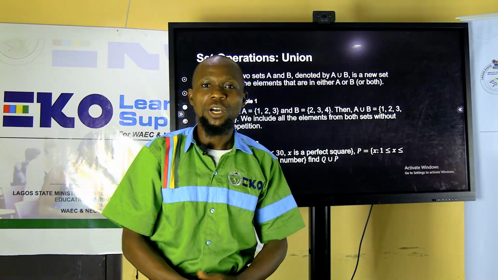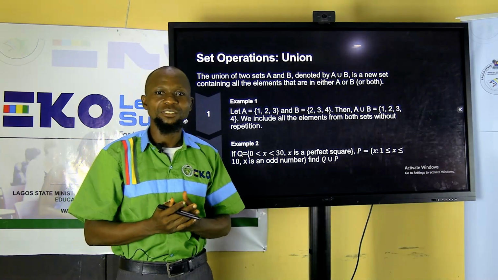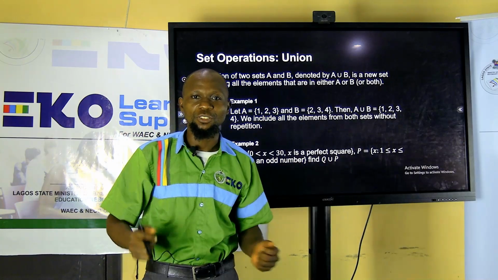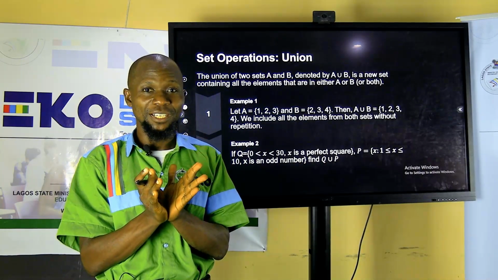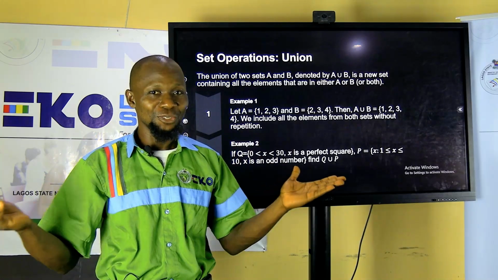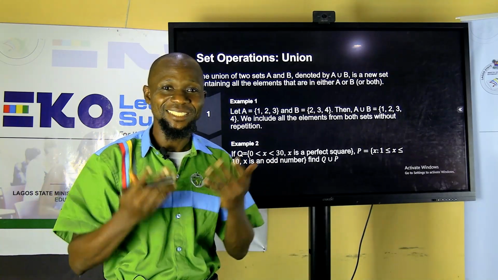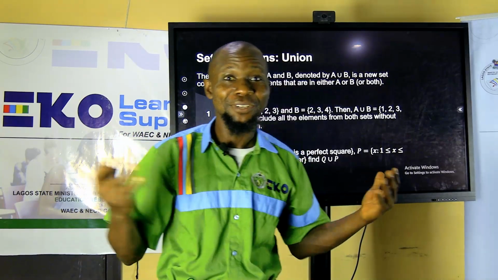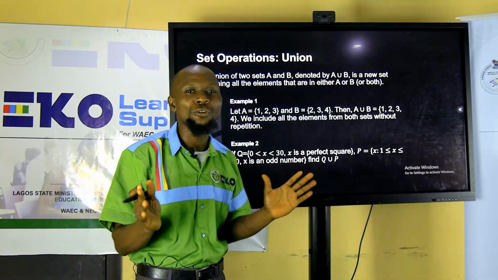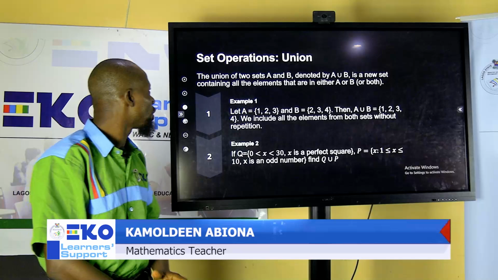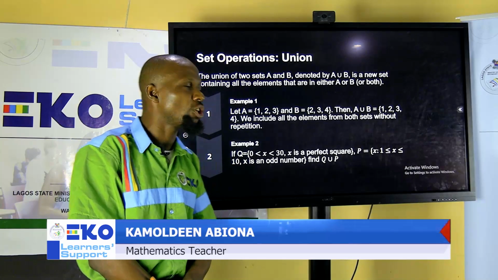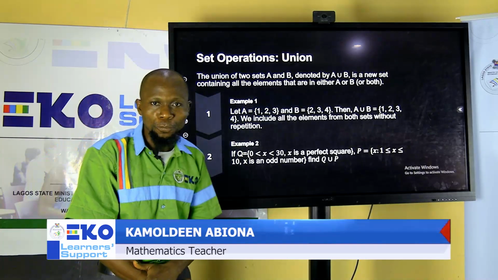Now, we have been able to define different terminologies in sets. So how do we combine them together? Like you all know, you can always add 1 and 2 together, 3 and 4 together. So how do we combine elements in sets? So we have the union of two sets, A and B. Union is one of the set operations.